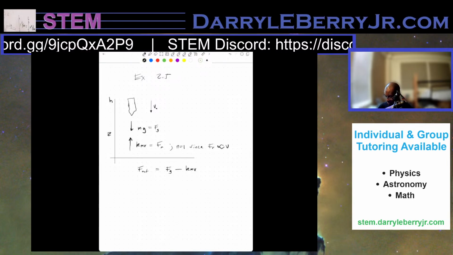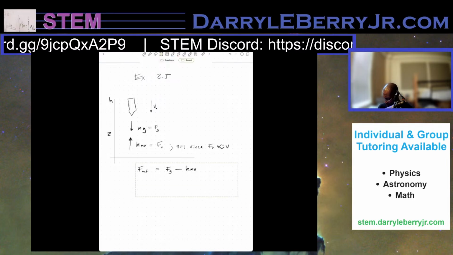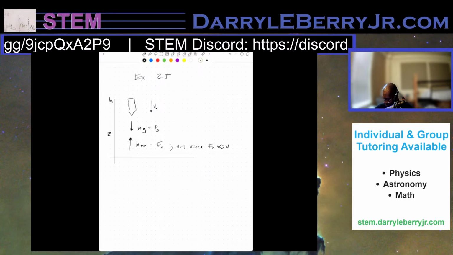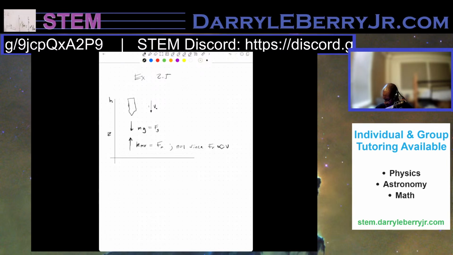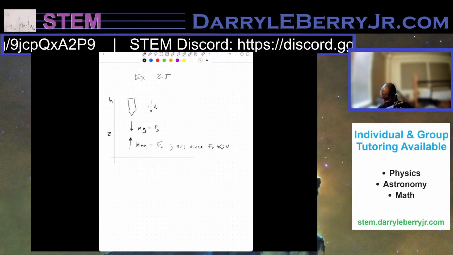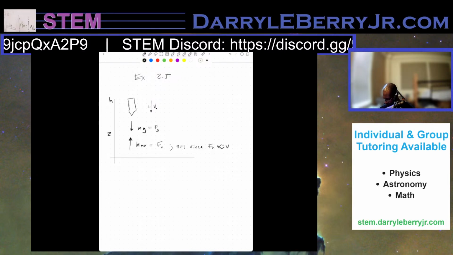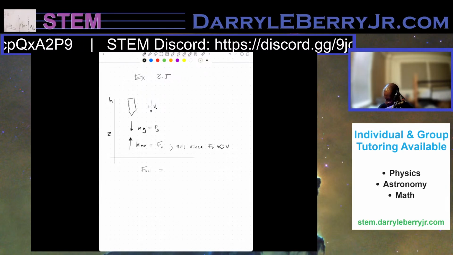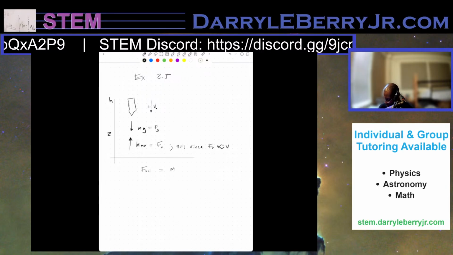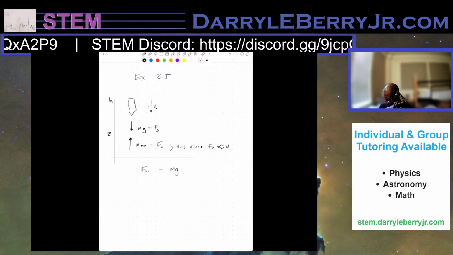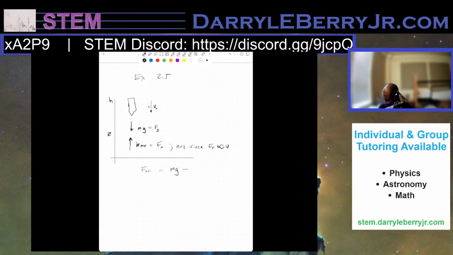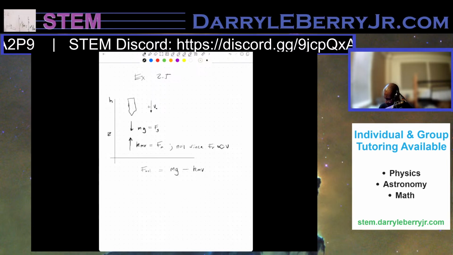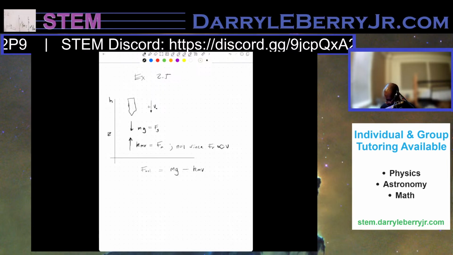See if I can get this equation in the way I understand it. So if I make v naught going down positive, then F net equals mg positive minus kmv since v is negative.